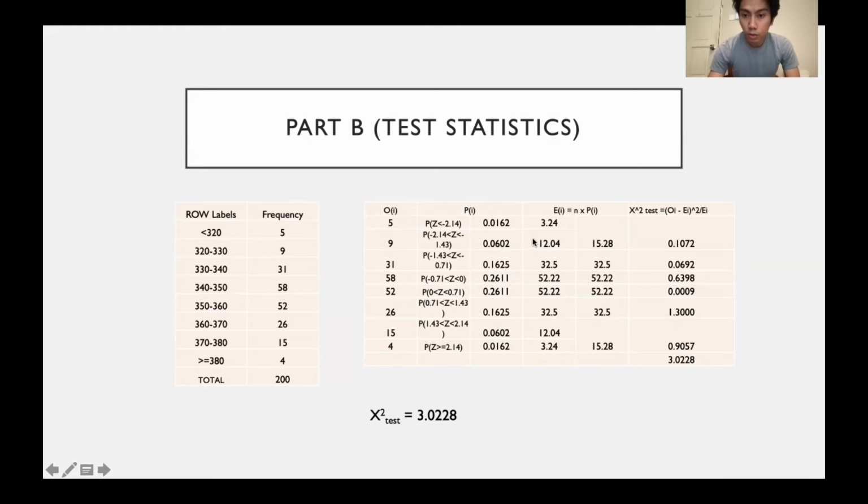Because the value here is 3.24, which is less than 5, I need to add 5 with 9 to become 15.28, because the condition of Ei must be more than 5. After that, I get all the values here more than 5. So I will get the row, the 6 rows. By using the equation of the goodness of fit test, I add up and get 3.0228.